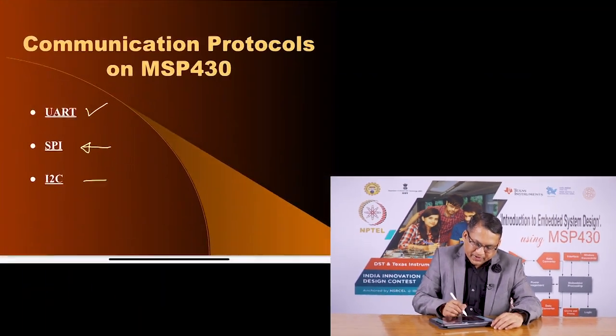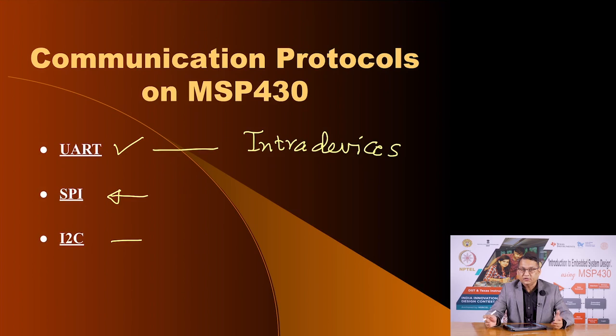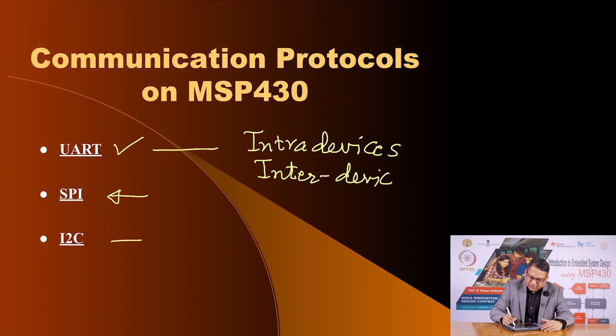Now, UART is suitable not only for intra device communication, that is, if there are building blocks within a device that want to communicate serially, you could use a UART. It is also suitable for communicating between two independent devices, so it is also suitable for inter device communication.